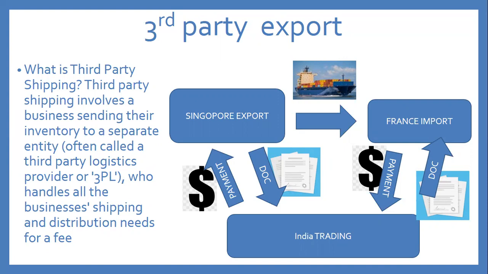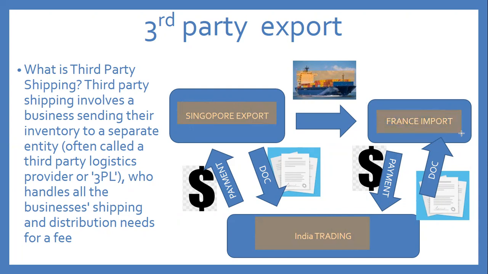So as a trader we are sitting in India and we are trading goods from Singapore to France. You can see on the screen, so it will be easy to understand the process. So here we are sending goods from Singapore to France.